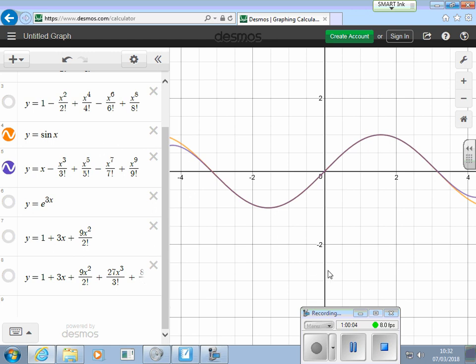Therefore, for more complex functions that might be difficult to integrate but easy to differentiate, you would use the power series and integrate the power series. We have already integrated simple power terms.